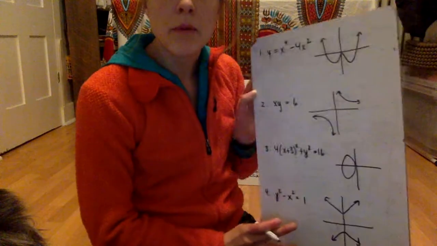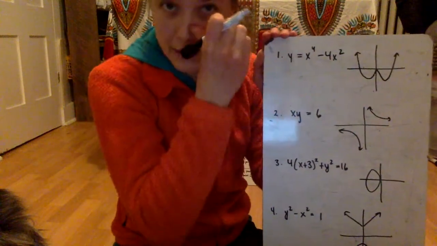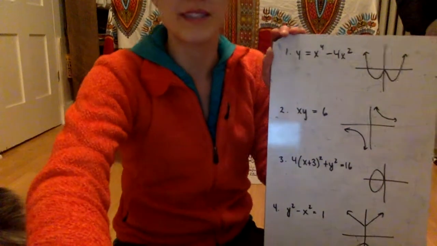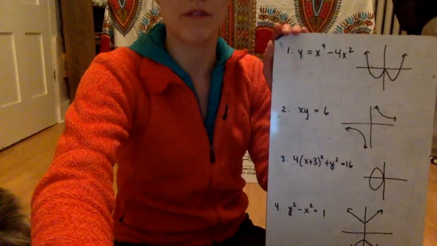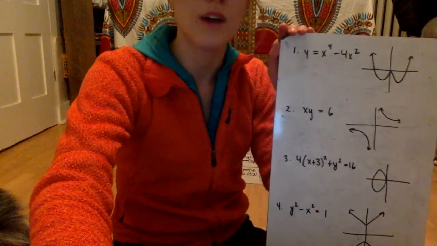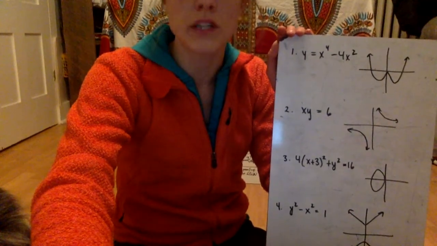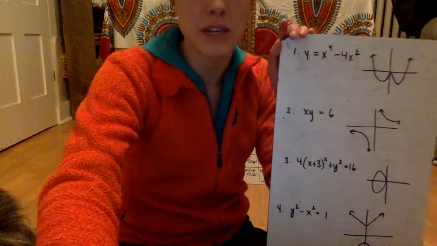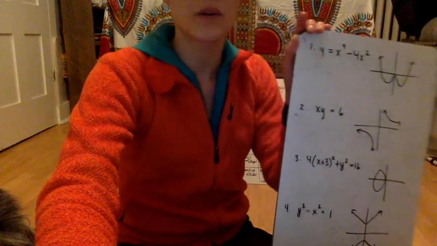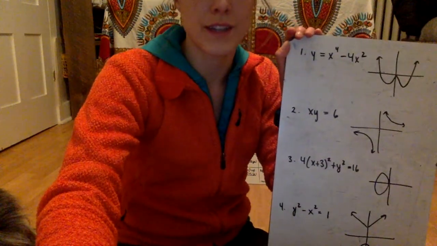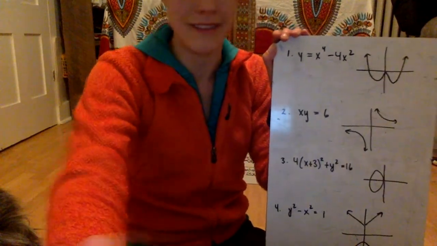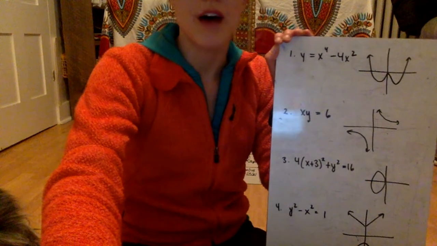So if we look at number 1, this is what it looks like. This is the graph. So look down at your example problems, number 1. It says use the graph to determine if the relation is symmetrical to the x-axis, y-axis, and/or origin. And then it gives us a bunch of check boxes. And then it says confirm your answer algebraically. So we're looking graphically first to give us a hint so we don't have to test every single problem.